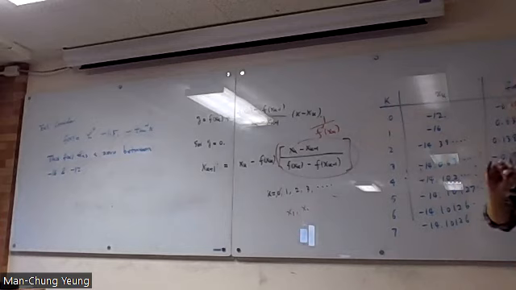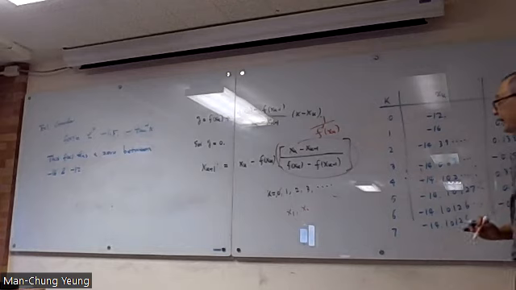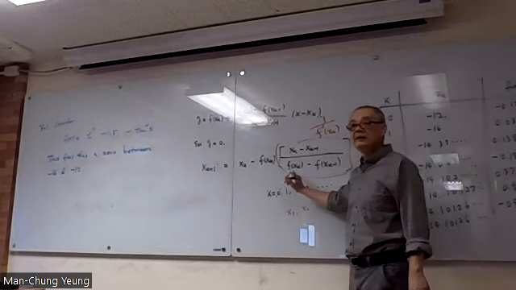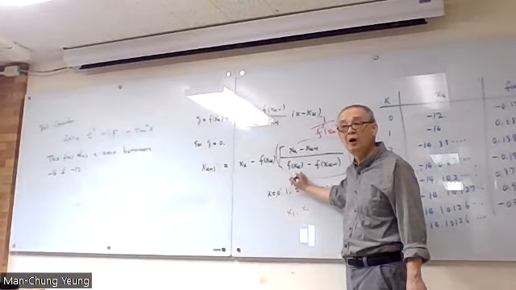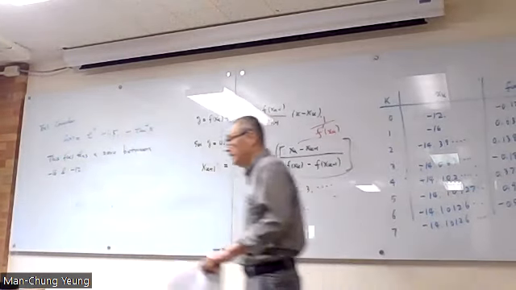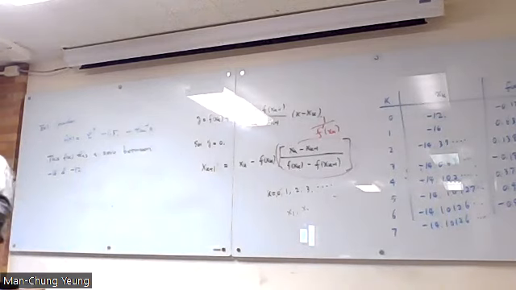Okay, now let me derive the convergence rate for this method. In homework number 2, the first problem asks you to show that the sequence converges with convergence rate of order 3.